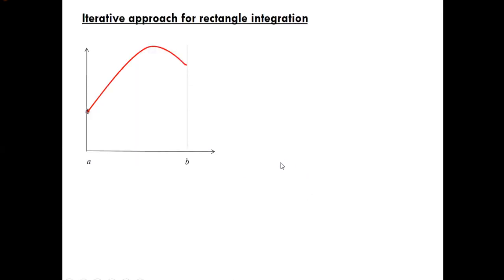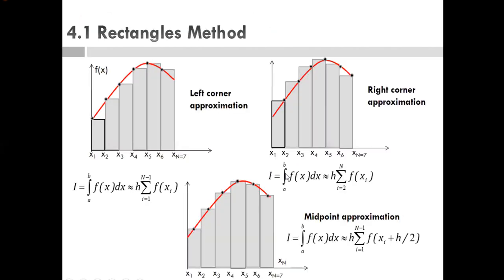Now, suppose that we don't want to define this interval or the number of points in advance. Let's say we want to compute this integral up to a given precision, let's say 10 to the minus 6. So we want to increase the points each time. But you cannot just increase by 1 point, because then you will change the step.